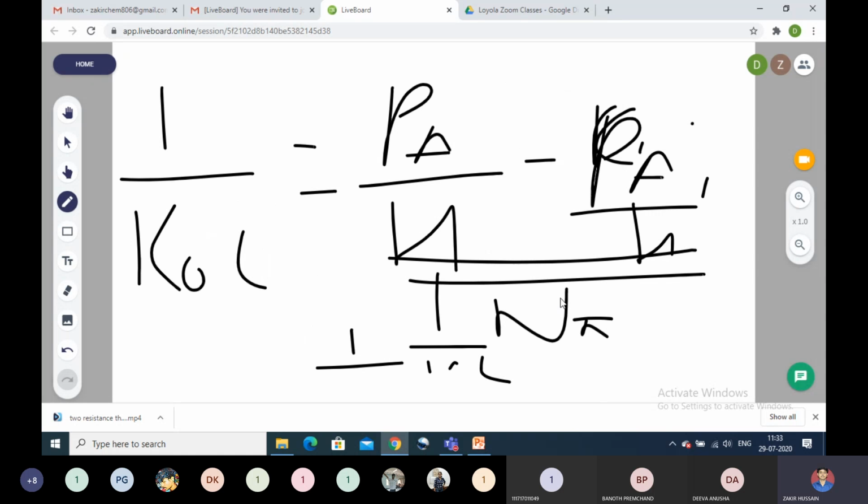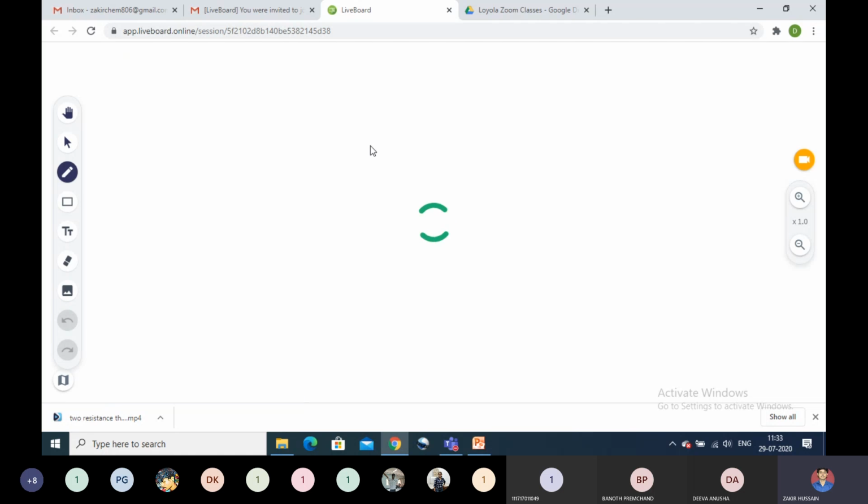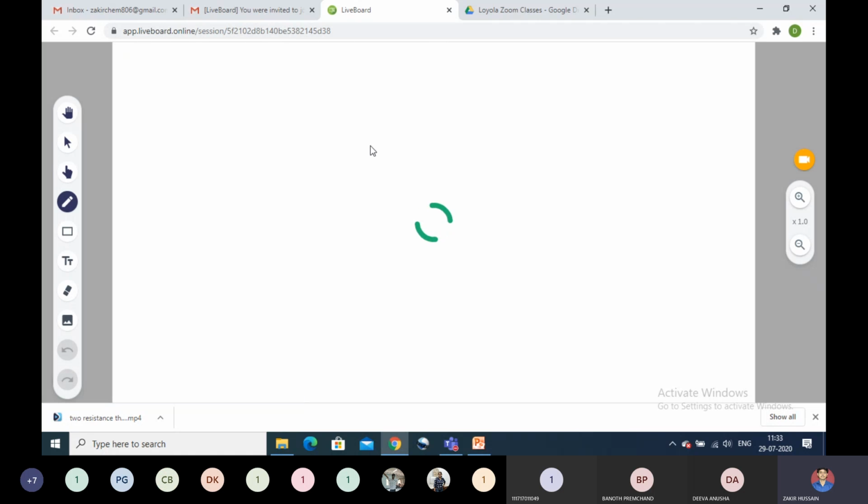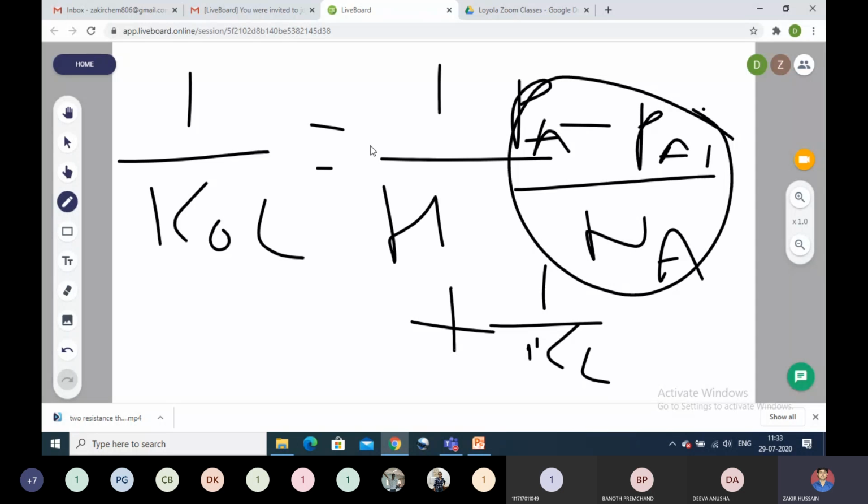So in place of that we can write 1 by HKG.